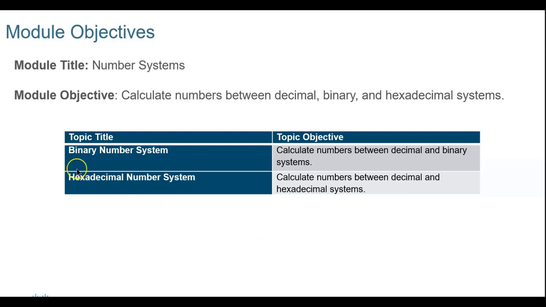Okay? So the binary number system calculates numbers between decimals and binary. The hexadecimal number system calculates numbers between decimals and hexadecimal. It's just going to show you how to do basic math in a simple way.